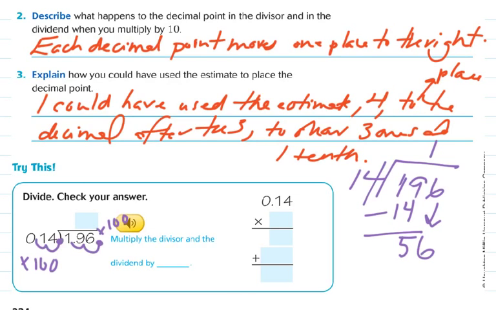We regroup the 6. 56 divided by 14 is 4. 4 times 14 is 56.